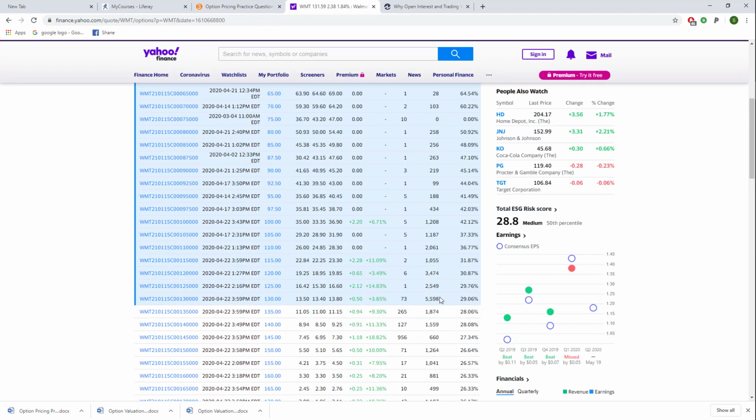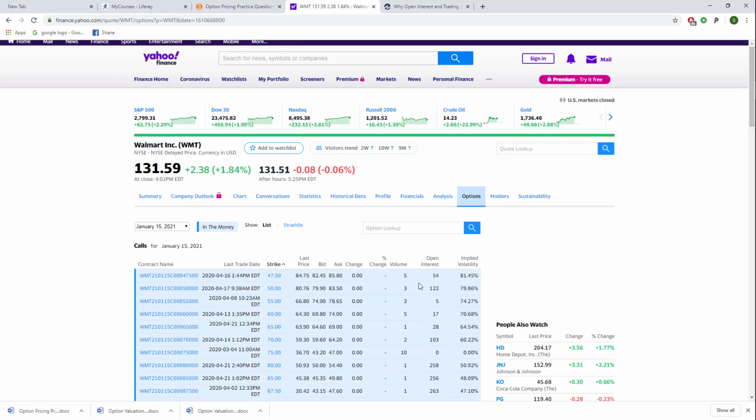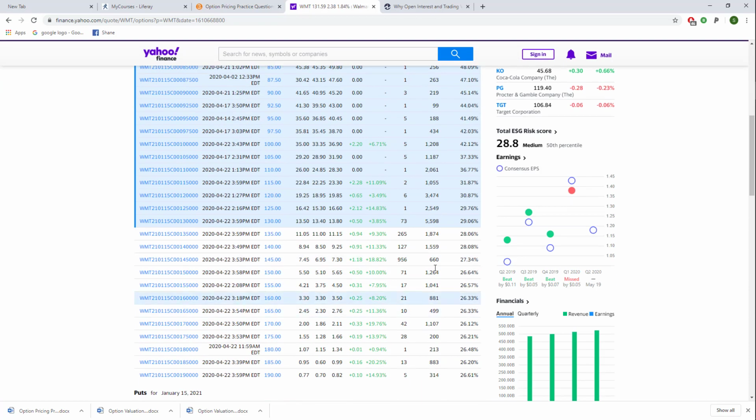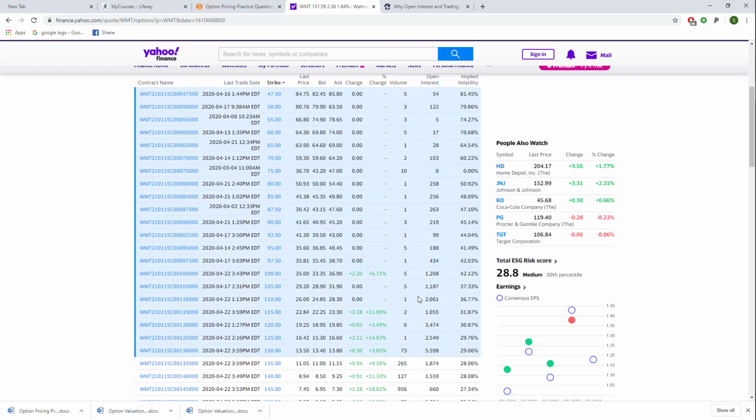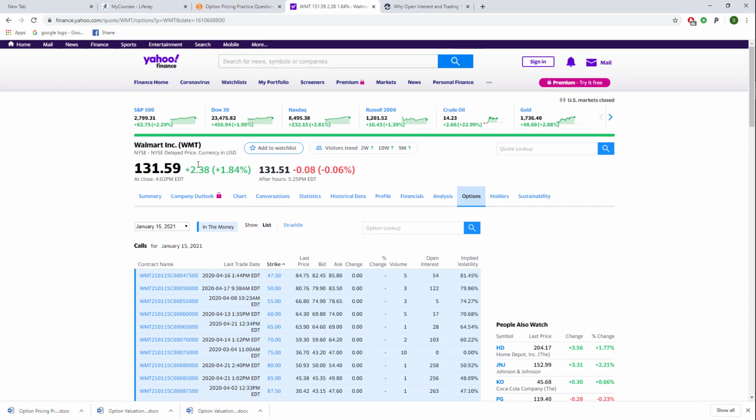So we can see right here a tremendous amount of open interest on this 130 strike price. A lot of volume, a lot of options are being traded at a strike price of 145 for the January 15th, 2021 expiration date.